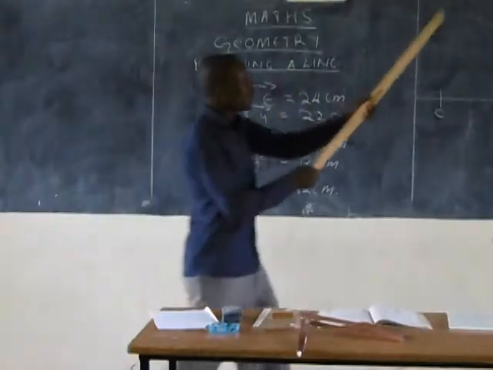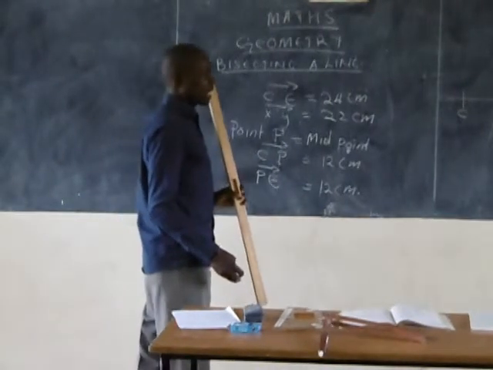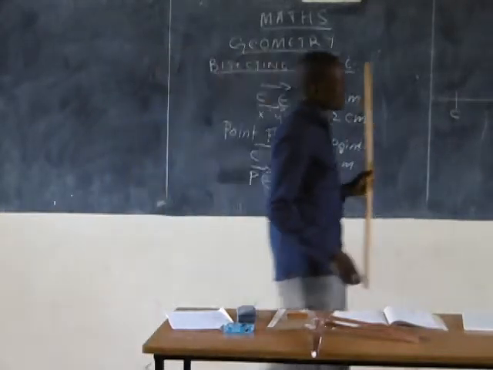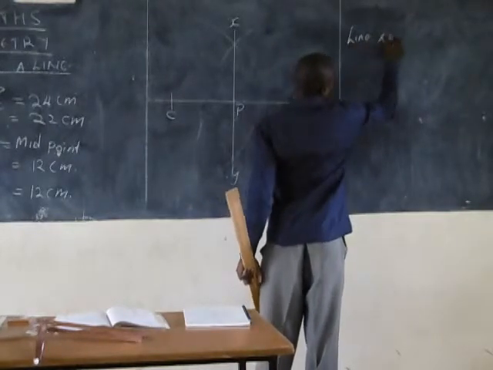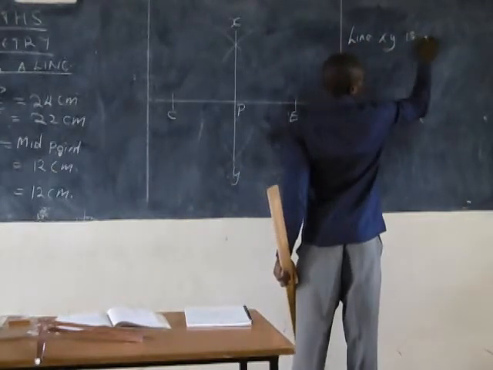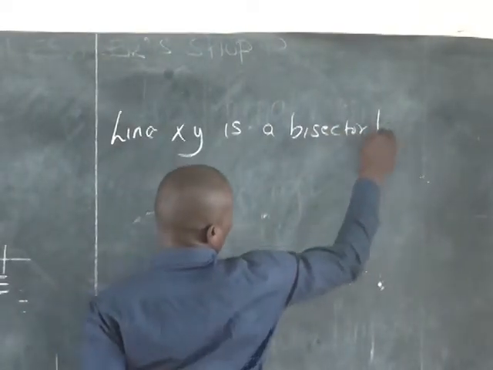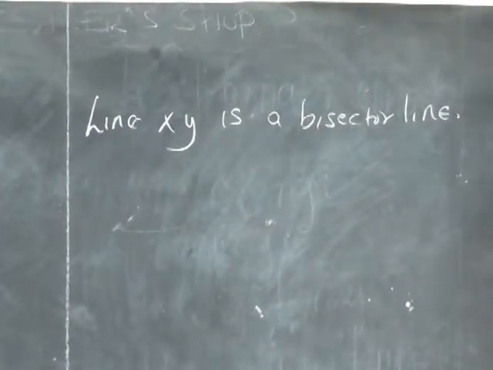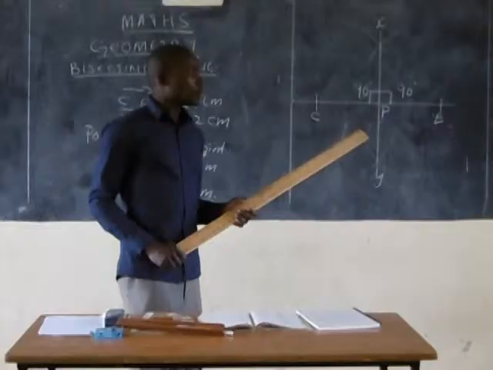Therefore, line XY is known as a bisector line. What's a bisector line? It's a line that divides another line into two equal parts.